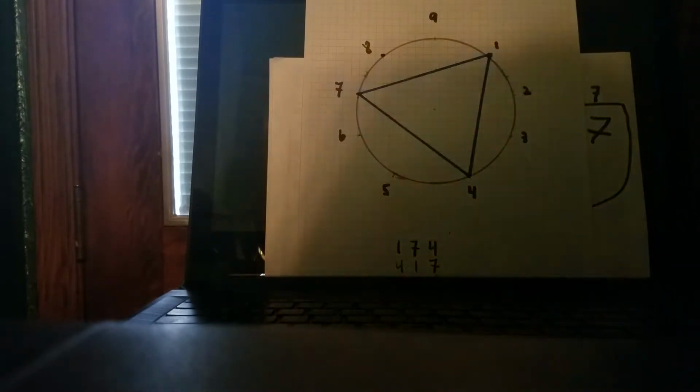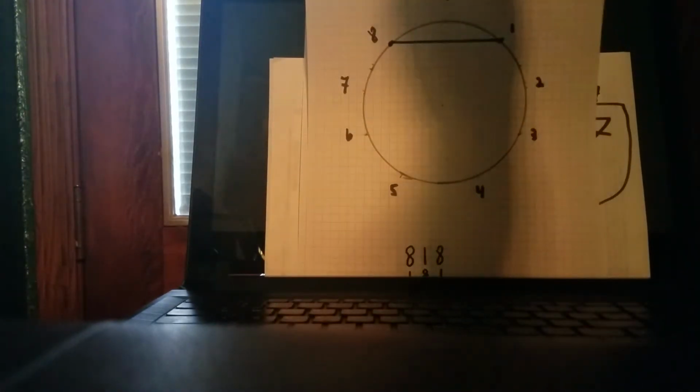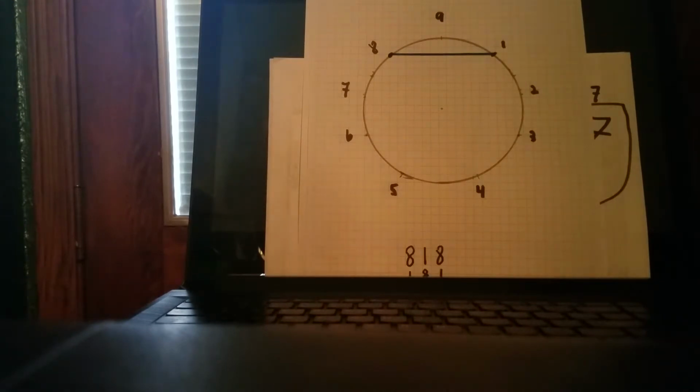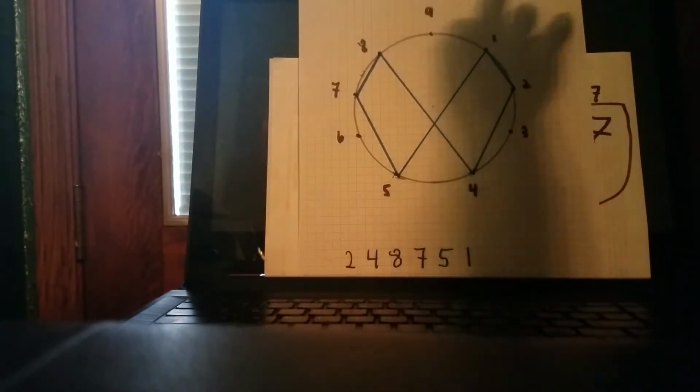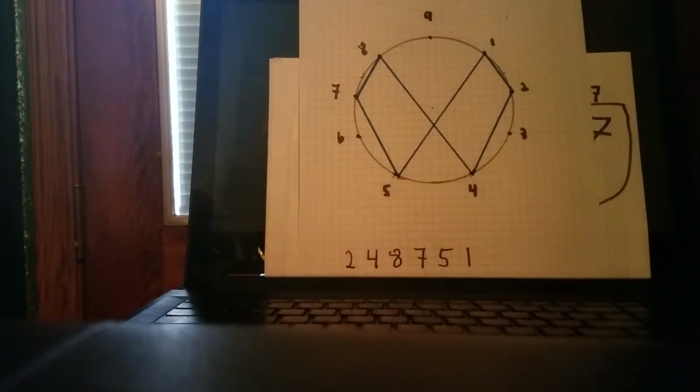Now, when I draw the 181 code, it's just a straight line. There's nothing else it could possibly be, because we're going from 1 to 8 to 1 to 8, and that will never change. And then I'll show you what 248751 looks like.